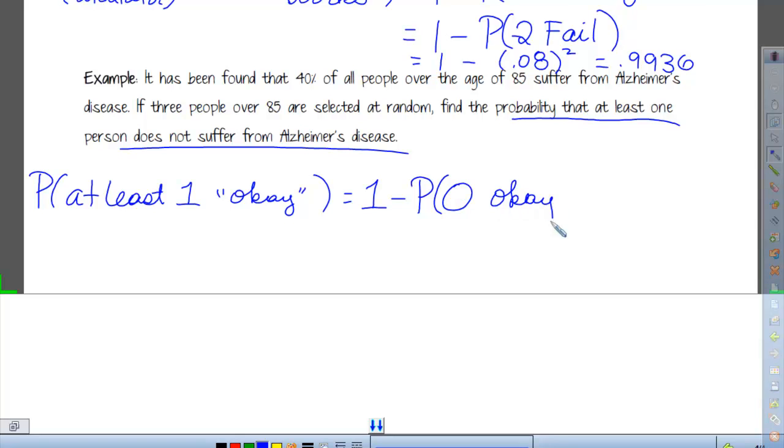We'll say 0. Okay. And that's of 3. So if 0 of them are okay, then that means what? All 3 have the disease. So 1 minus the probability, 3 with disease.